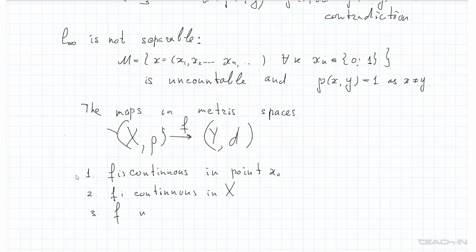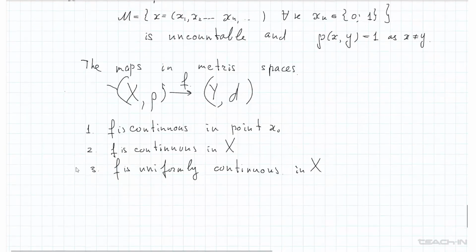F is uniformly continuous. I suppose I wrote it correctly. What is a Lipschitz map? Could you please remind us of this concept? Lipschitz, okay.